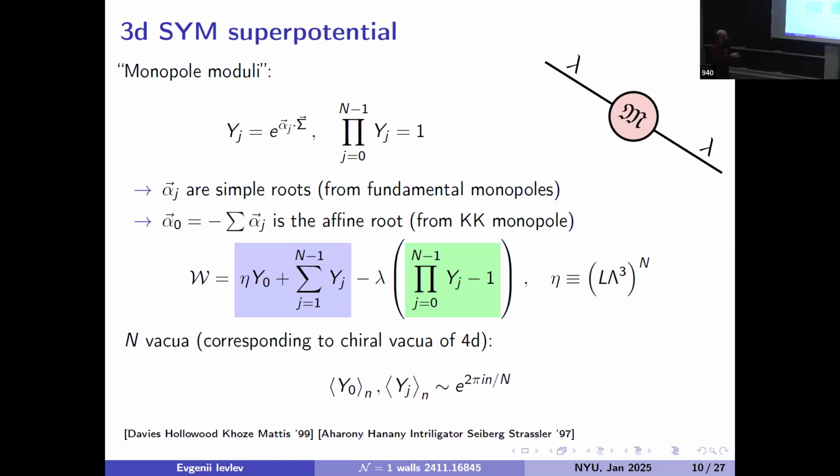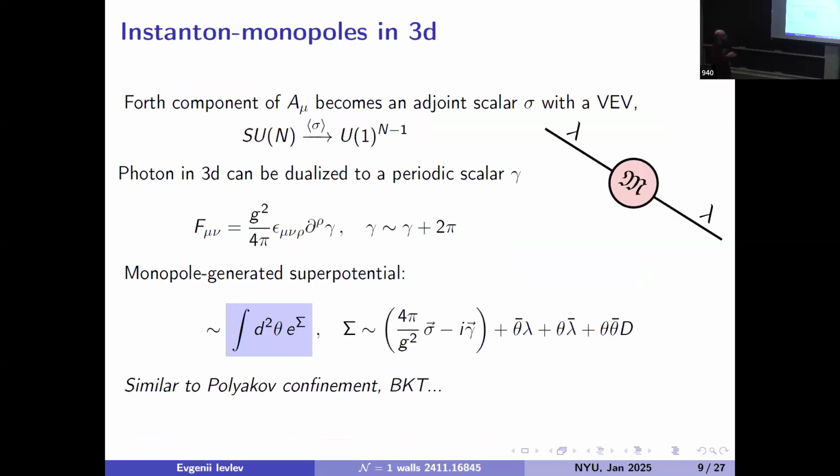In the case of gauge group SU(N), it is broken down to U(1)^(N-1), and there is a corresponding monopole for each of those U(1)s, one monopole for each. That's the full Polyakov monopole. These are called fundamental monopoles.